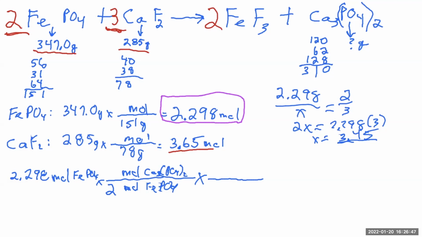Okay, I already calculated the molecular weight. So I know I have 310 grams of calcium phosphate per every mole of calcium phosphate.